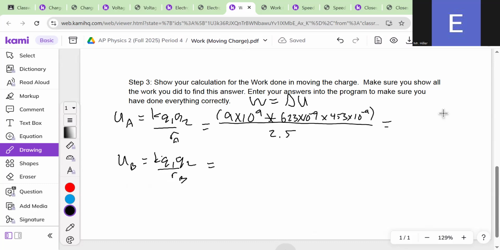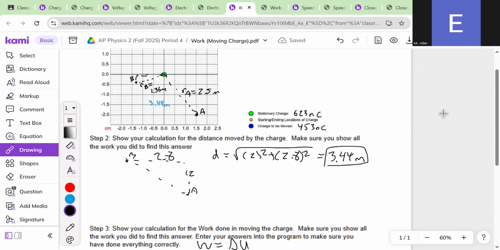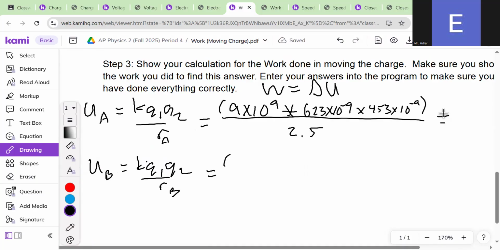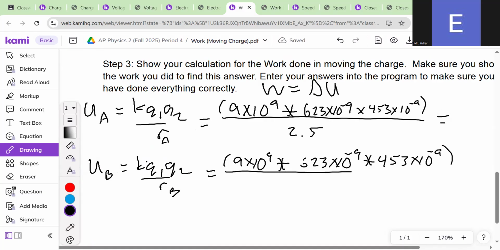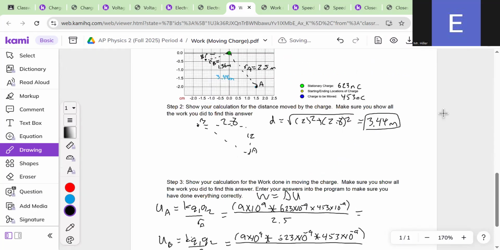Then I'm going to do the same calculation here. In my case, both of them were positive charges, so my energies are positive. Plugging in my values: 9 times 10 to the 9 times 623 times 10 to the negative 9 times 453 times 10 to the negative 9, all divided by, in the case of RB, 1.36.